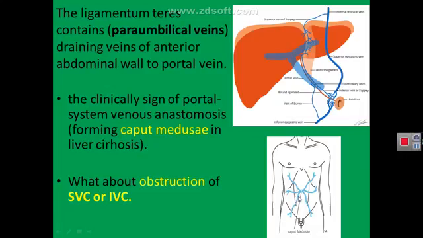Similarly, sometimes you may have obstruction of either the superior vena cava or the inferior vena cava. You will also find dilated veins in the anterior abdominal wall, but not looking like a caput medusae. You will find a single dilated vein coming from up to down.